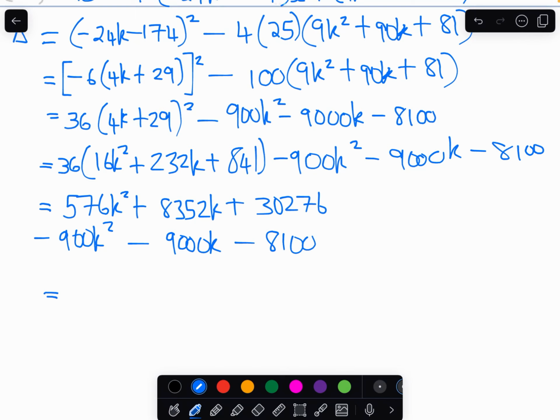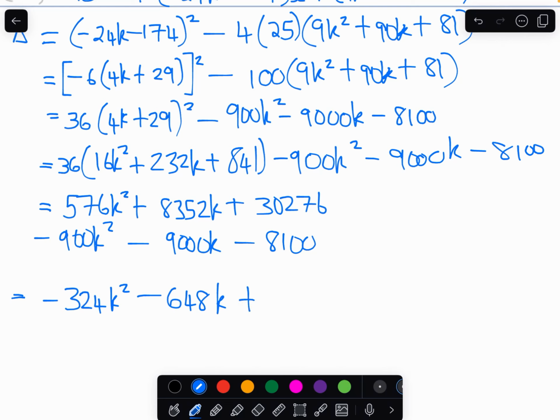And this gives us 324k squared. So 500 and 300 is 800, 70 and 20 is 90, so we have 890, and then 6 plus 4 gives us 10. I don't even know what I'm saying anymore. So this is also negative, and then we'll also have a negative 648k.